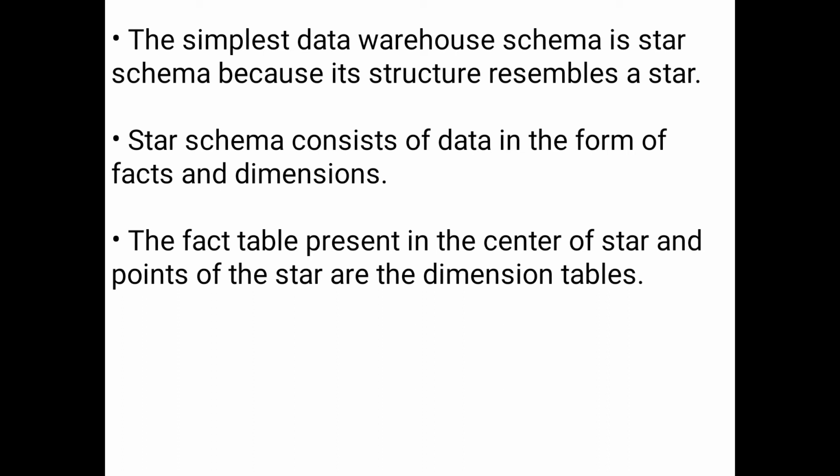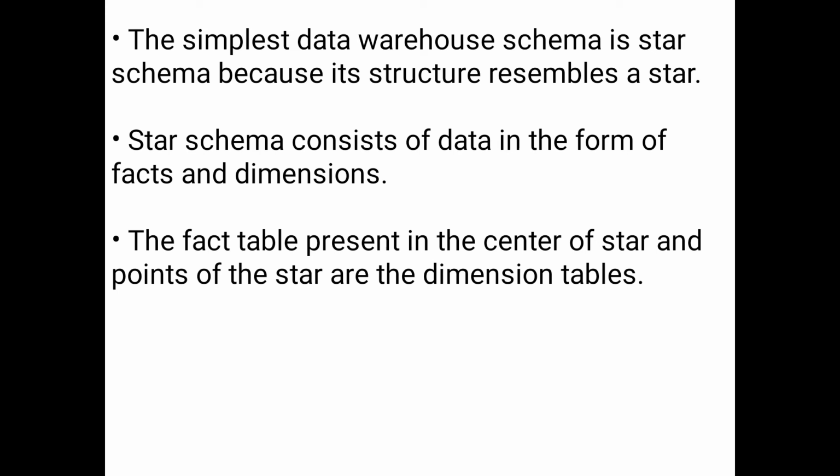The first one is star schema. The simplest data warehouse schema is star schema because its structure resembles a star. Star schema consists of data in the form of facts and dimensions.